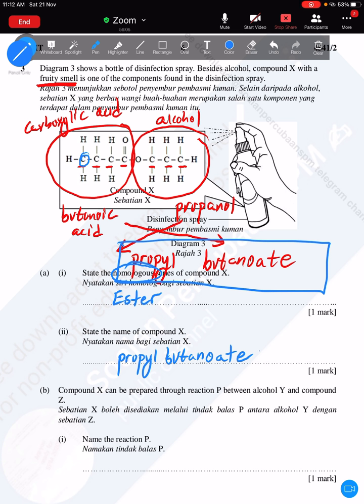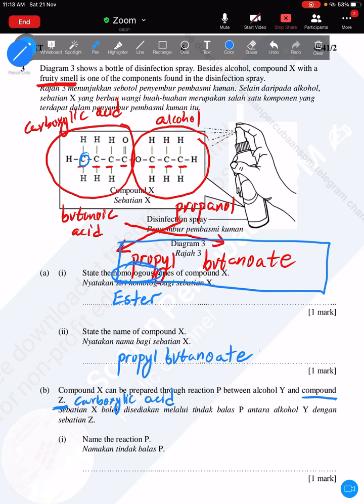Okay, good. Next one, yeah. Compound X can be prepared through reaction P between alcohol Y and compound Z. So compound Z is actually a carboxylic acid. Okay.